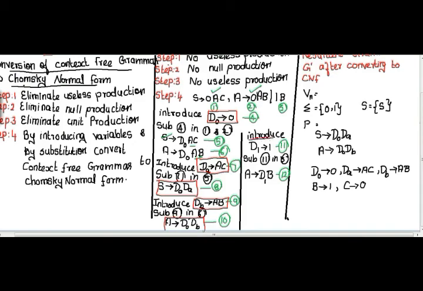This production D1 tends to 1, after the arrow I have one terminal. A tends to D suffix 1B is also in Chomsky normal form, with two non-terminals after the arrow. So all these productions are converted to Chomsky normal form. I'm rewriting this 11 and 12 in this grammar G dash: A tends to D suffix 1B and D suffix 1 tends to 1.